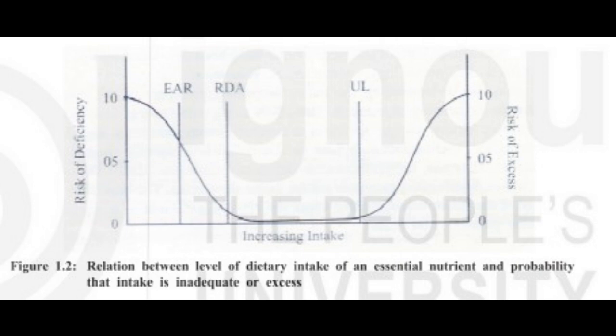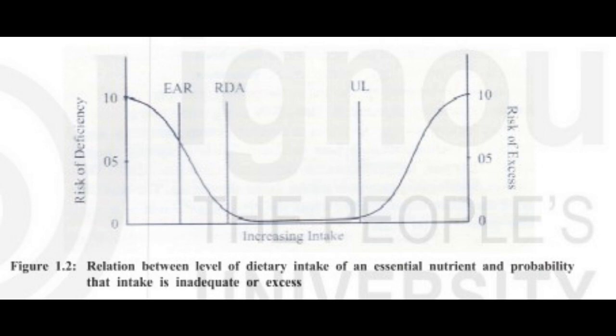Having understood the probability concept of requirements, let us now turn our attention to other factors that are determinants of nutrient requirements. B. Age, sex and body weight are the determinants of nutrient requirements. Age, sex, and body weight influence nutrient requirements. Let us see how requirements change with increasing age.